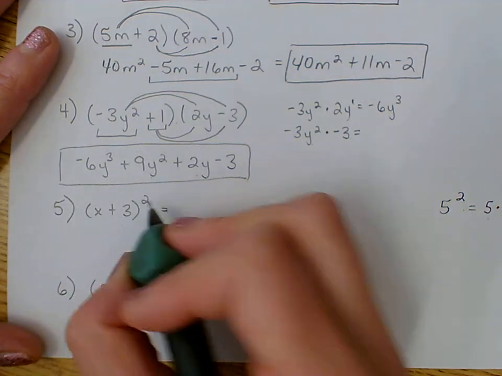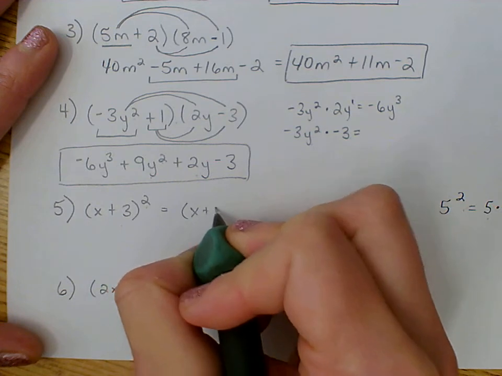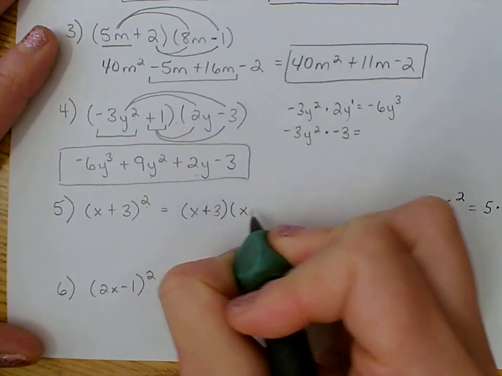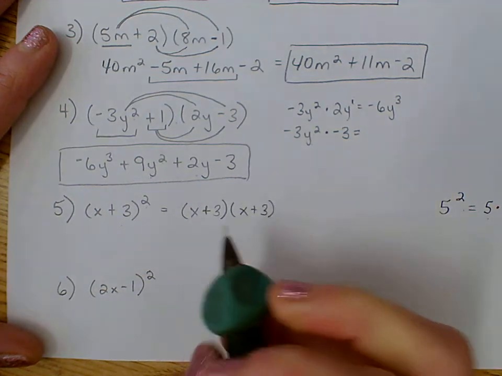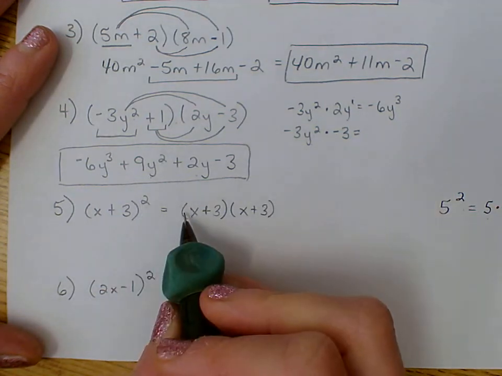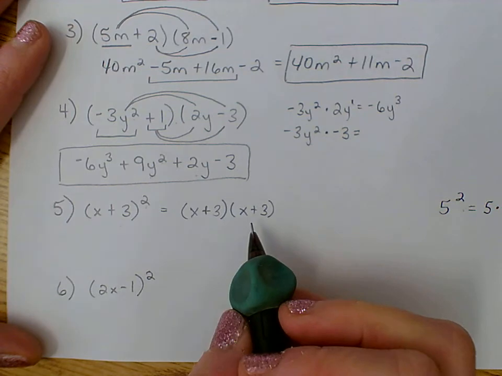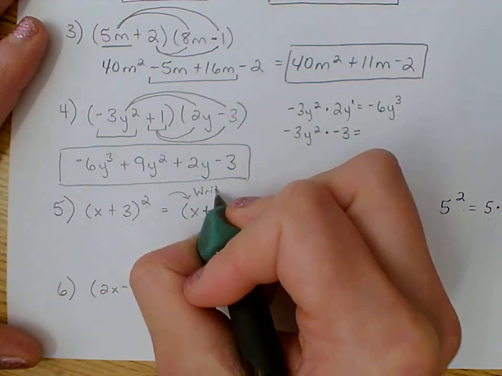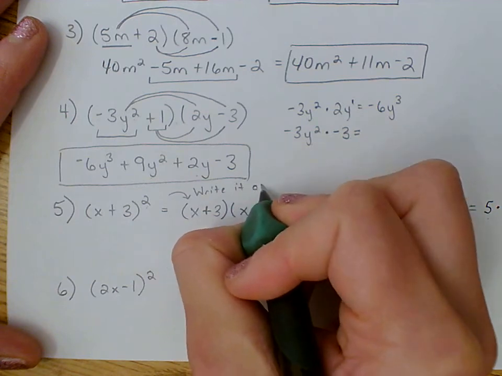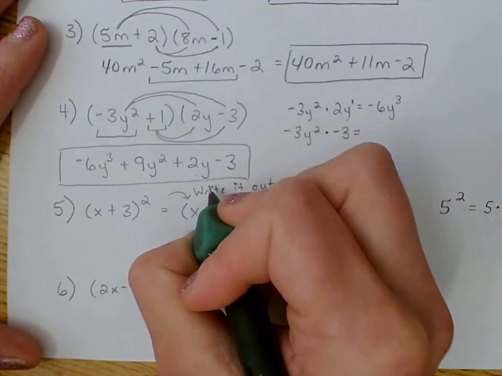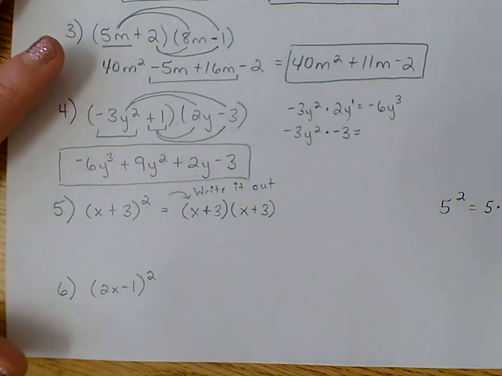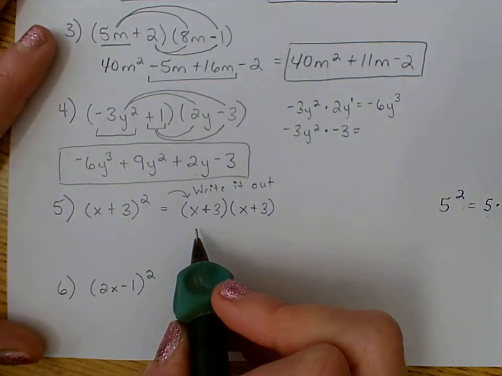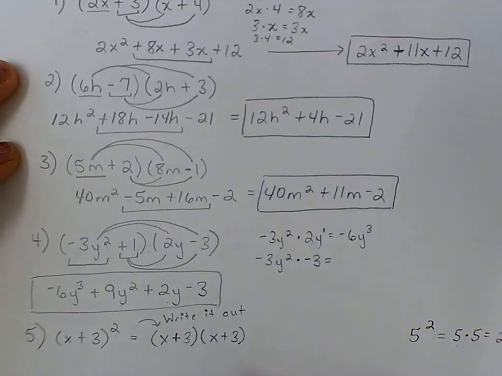So this means that you're going to take the x plus 3 times itself, so you write it out twice. That's how many times you multiply it times itself, okay? So make sure that you remember to write it out, because if you don't and you just distribute that square, you will not end up with the same answer as when we do it this way, okay?